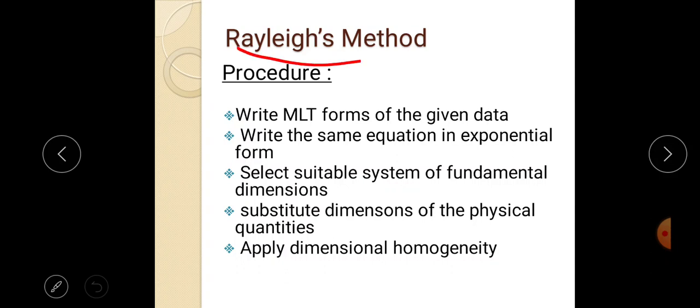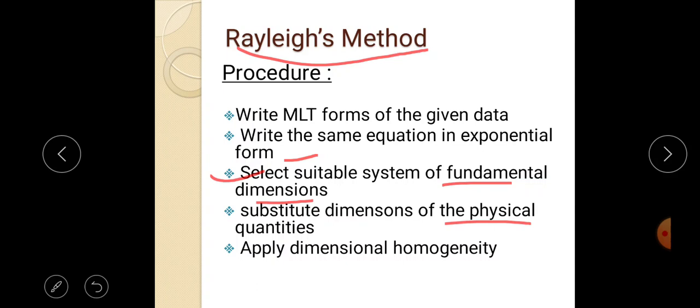Now the procedure of Rayleigh's method. First, write the MLT form of the given data. First of all, we have to write the MLT form, and then write the same equation in exponential form. Thereafter, select a suitable system of fundamental dimensions, and then substitute dimensions of the physical quantities.